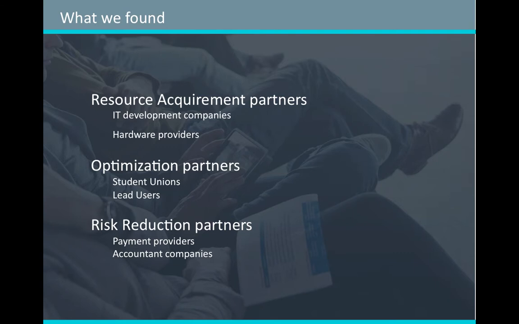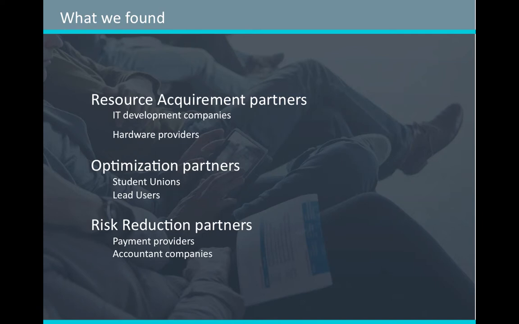Then to optimize, of course we will need to have some content in the actual database. So for that we will need to have a lot of promotions, and student unions are the ones that we are currently looking at, and that could fit very well with both our customer segments and our value proposition. Also, what we came up with was to use lead users. Lead users are before the wave.